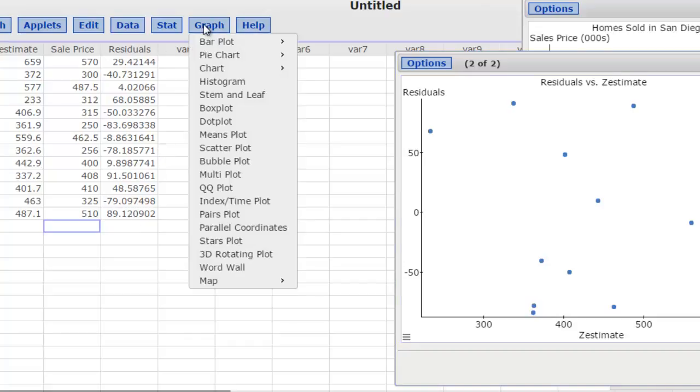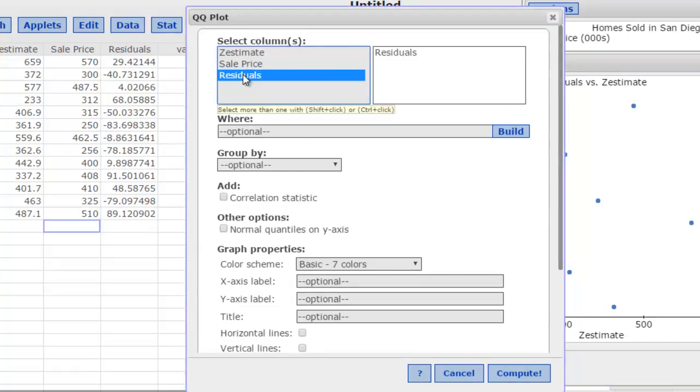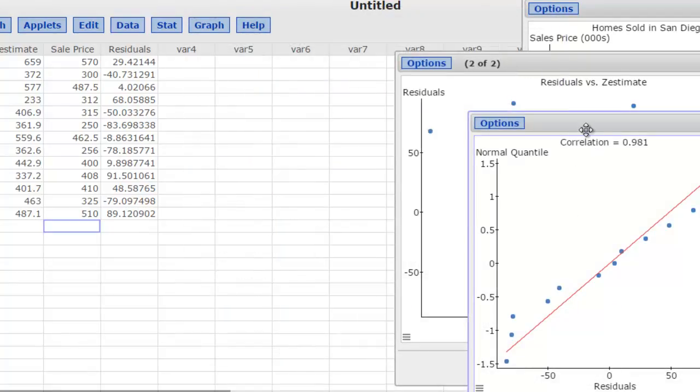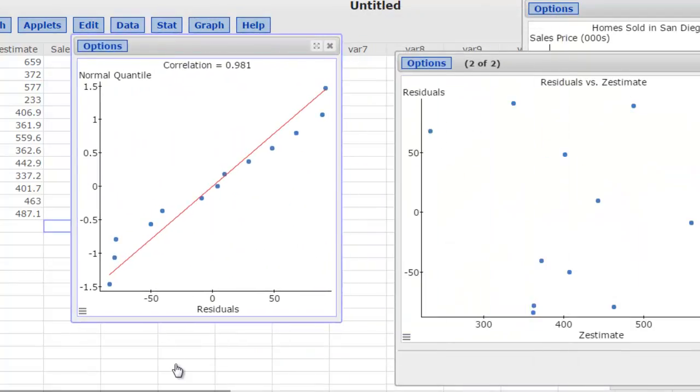So remember, to draw a QQ plot, you go to Graph, QQ plot of residuals. We want the correlation statistic, and I like to put the normal quantiles on the y-axis. Click Compute, and there is your QQ plot.